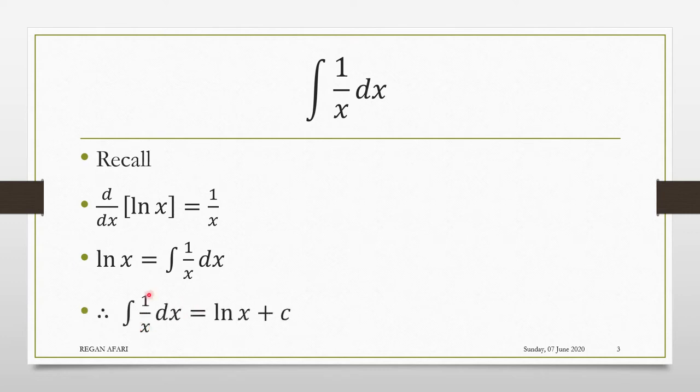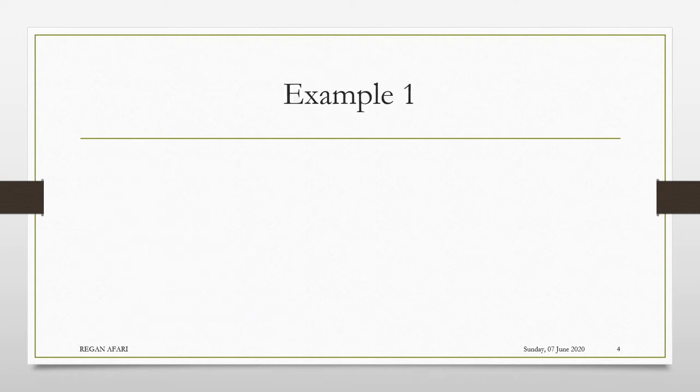Therefore, when we integrate 1 over x, our answer is ln x plus c, and it's plus c because this is an indefinite integral. So the first rule for today is that whenever we integrate 1 over x, the answer is ln x.